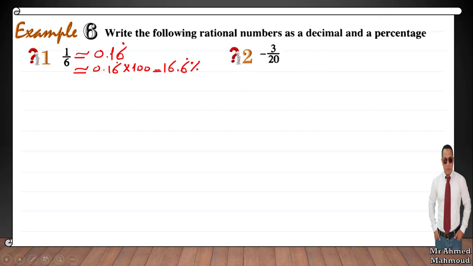Number 2, negative 3 over 20. Negative 3 over 20 equals negative 0.15. This is by using the calculator. And when we multiply this one by 100, 0.15 times 100 equals negative 15%.